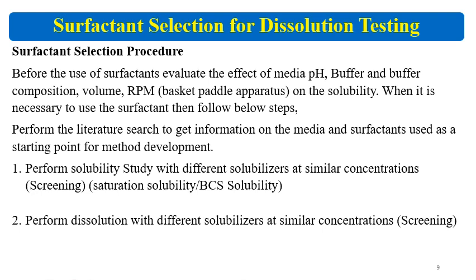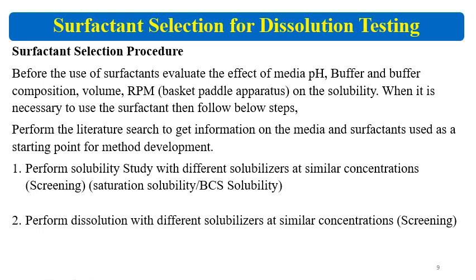Then perform a solubility study with different solubilizers at similar concentrations, or you can take the concentration based on the CMC information available in the USP. So you can start with that CMC concentration for different solubilizers or surfactants, and you can see which surfactant is suitable for your drug molecule.